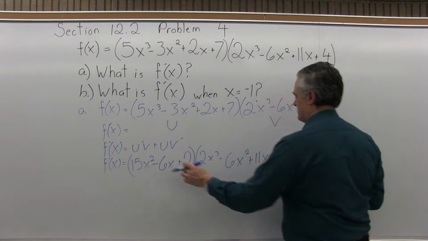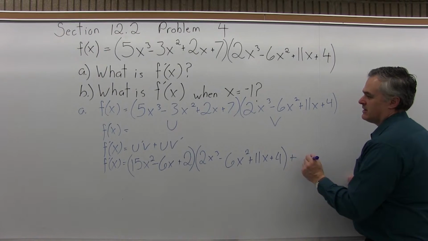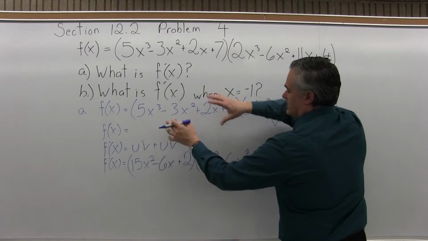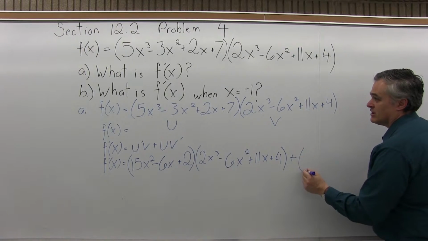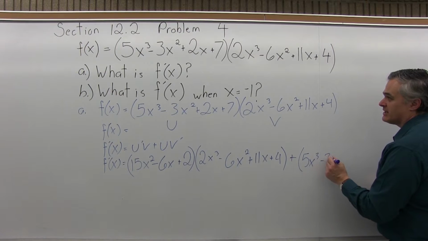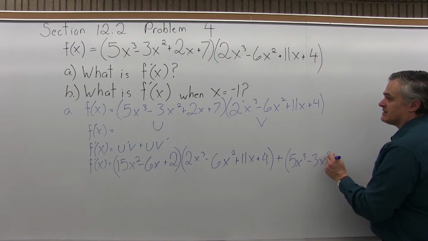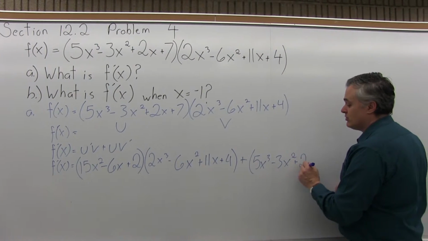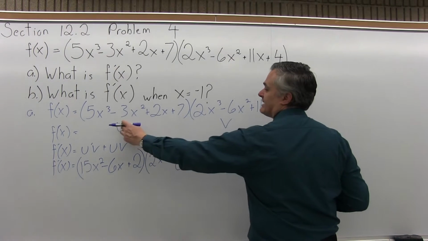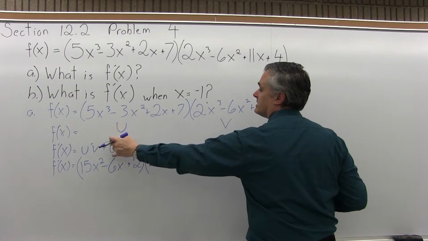Then I have a plus. Then I have u, no prime, just u, just the way it is. So the first set of parentheses with no change. So that is 5x to the third minus 3x to the second plus 2x plus 7. Right? That's the u, the first parentheses with no change.